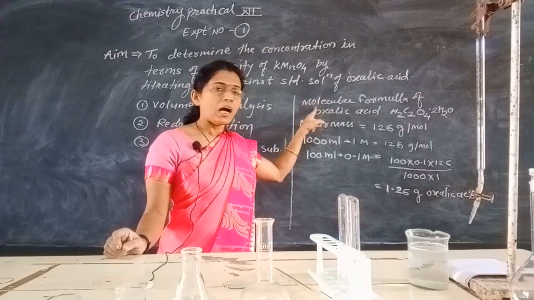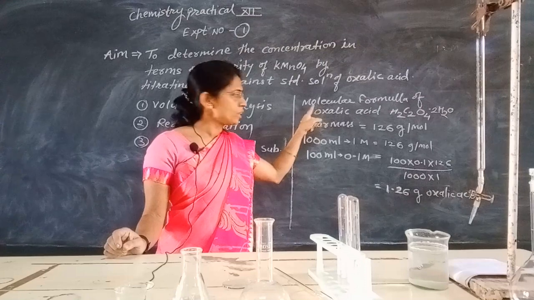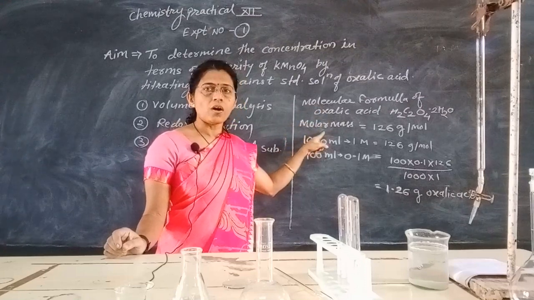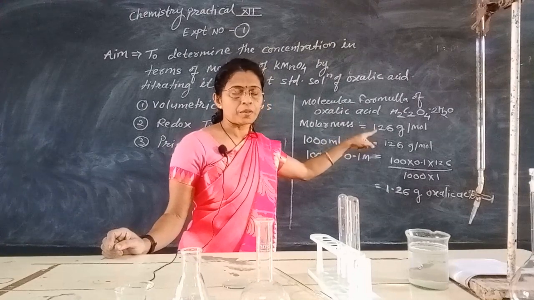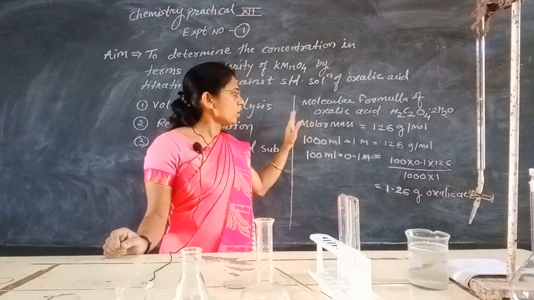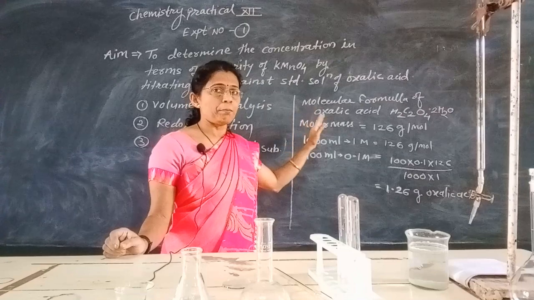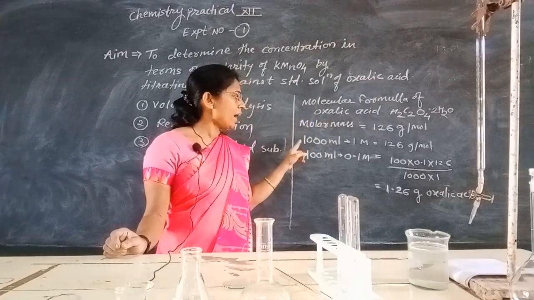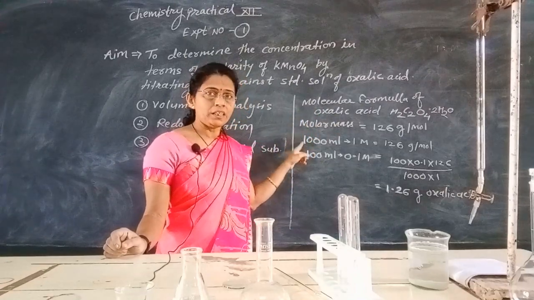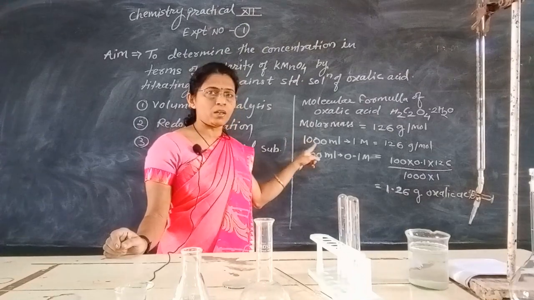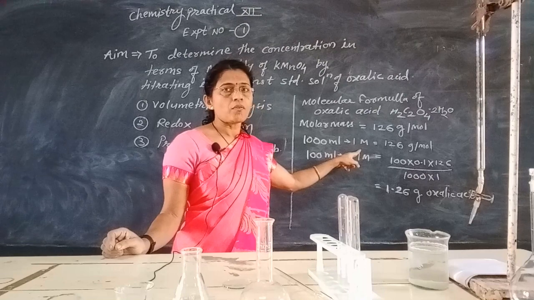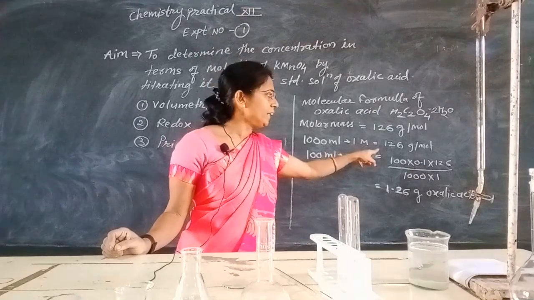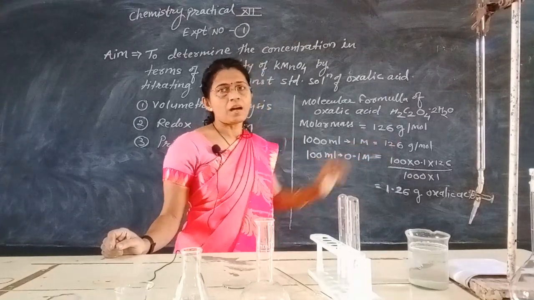You know how to calculate molar mass. So here the molar mass of oxalic acid is 126 gram per mole. 126 gram per mole means when I want to prepare 1 liter or 1000 ml of 1 molar solution of oxalic acid, I need 126 gram.